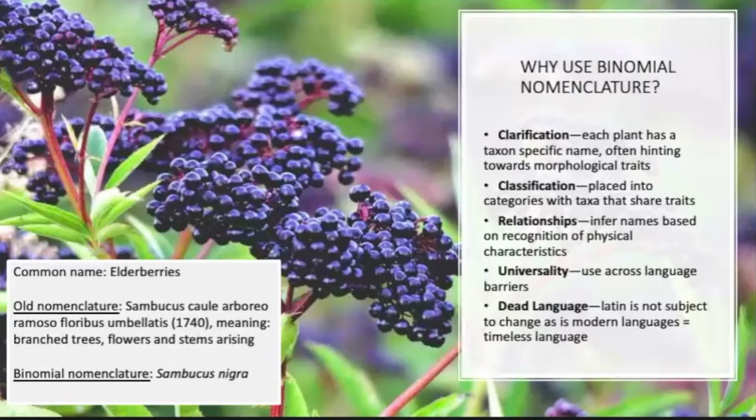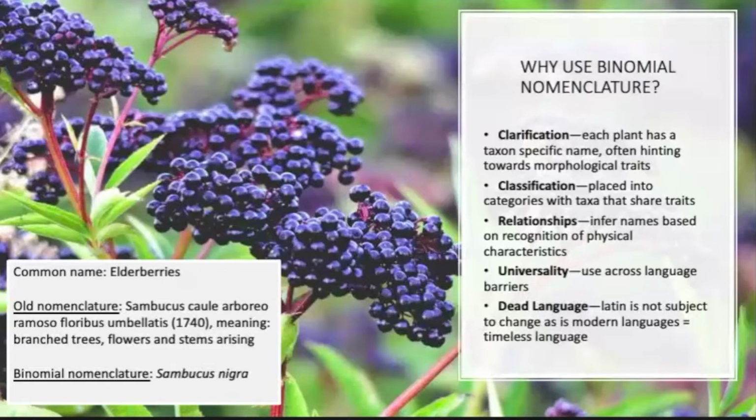So when we think about names, after 1753, thankfully, we switched over to a much more effective method, which is called binomial nomenclature. While we used to have this multi-word name, we now have something much more simple, to the point, but it doesn't miss out on the details of the organism itself.